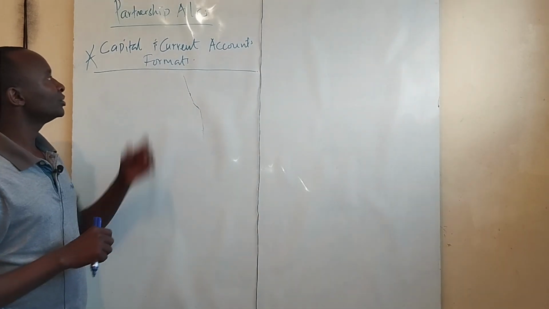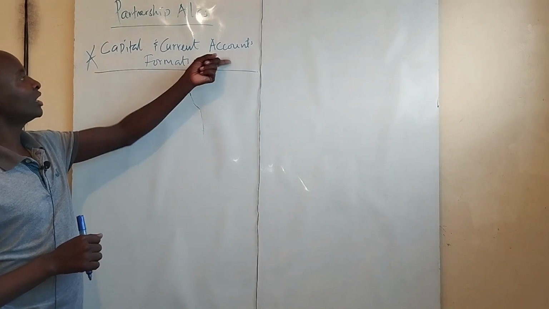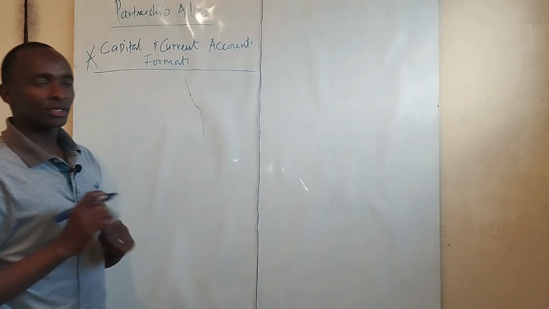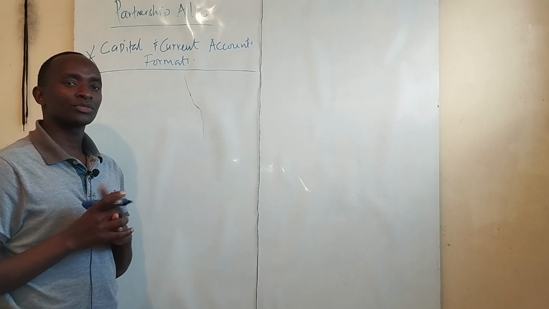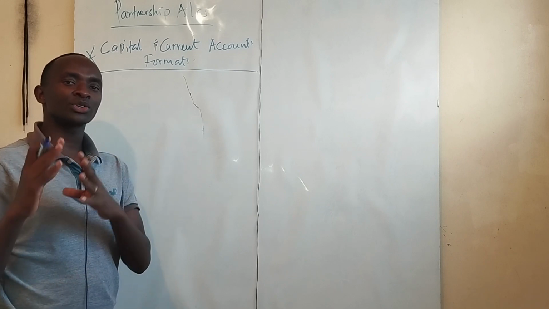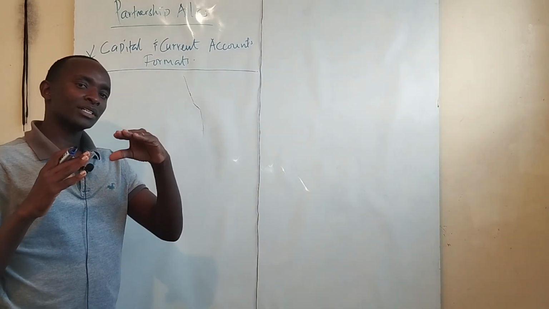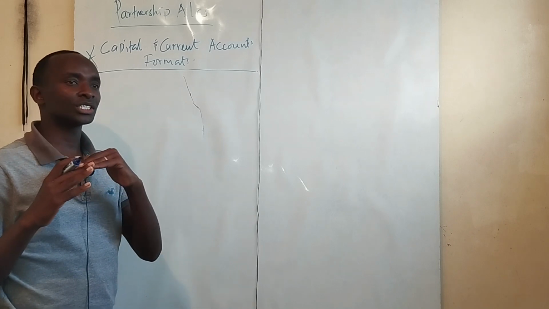So without much ado, allow me to take you through the formats of the capital and the current accounts. When I was taking you through the format of the statement of financial position or the balance sheet of a sole trader, I did tell you that there is that part of the balance sheet, the financed by.